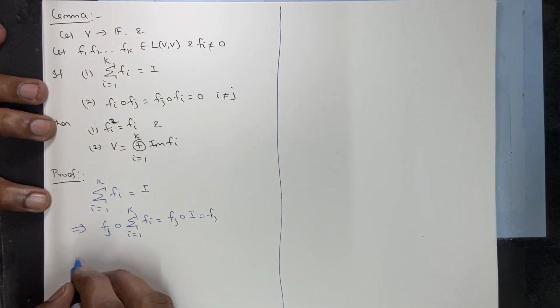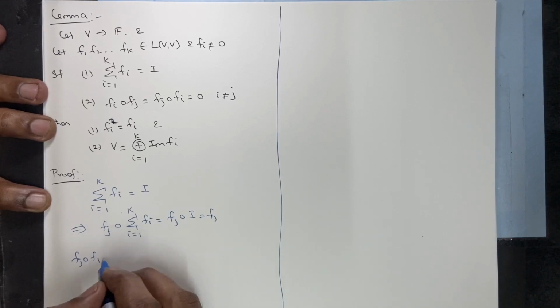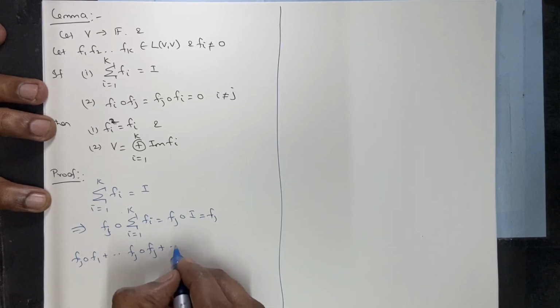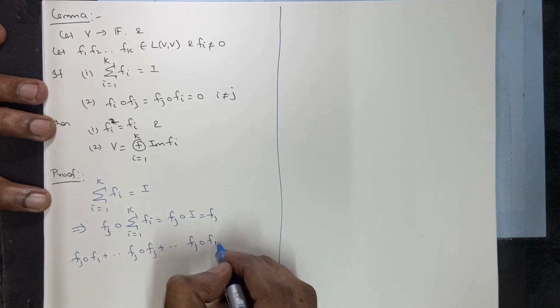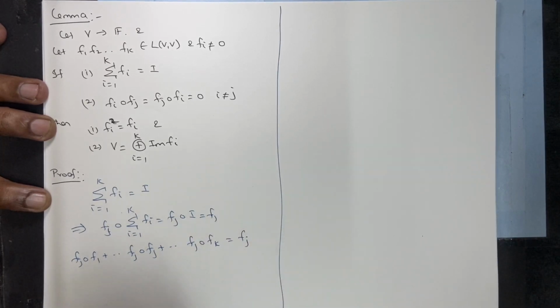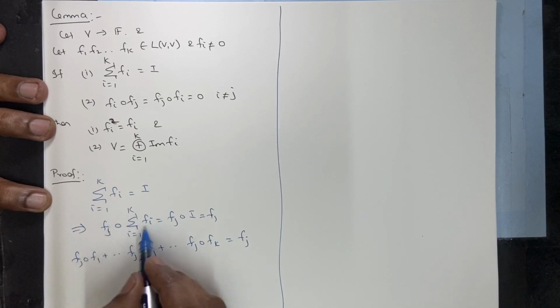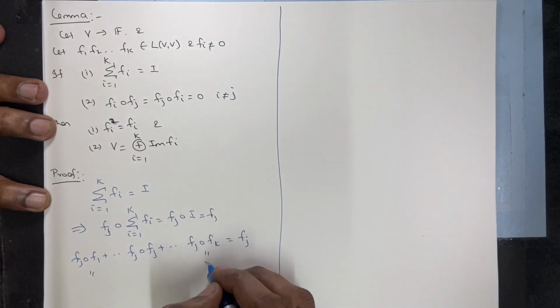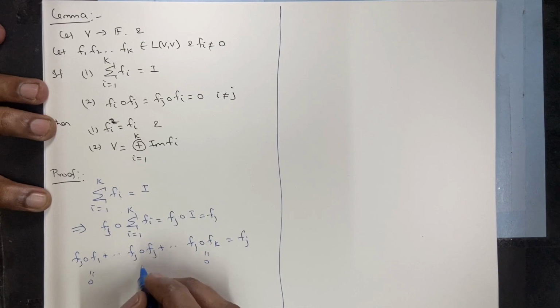So this is clear, and therefore we have to see this side. This side will give you Fj composition F1, up to Fj composition Fj, up to Fj composition Fk, equal to Fj. So we are just taking the composition inside and then we get this. From the second condition, we know that when i is not equal to j, they are 0. Therefore, all these terms are 0 except this one, and this is nothing but Fj square.